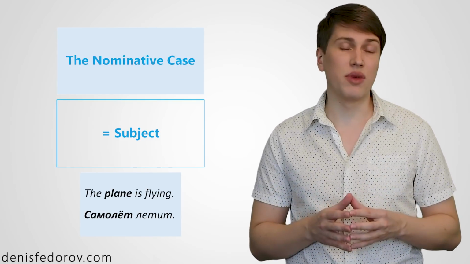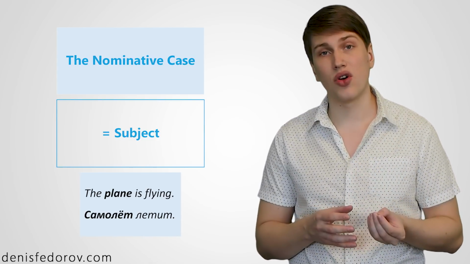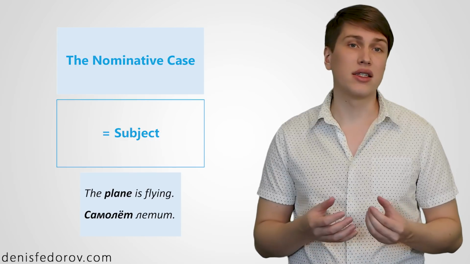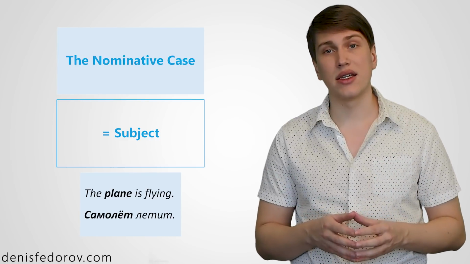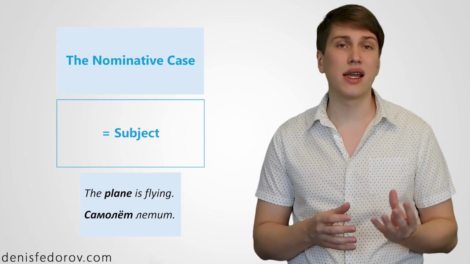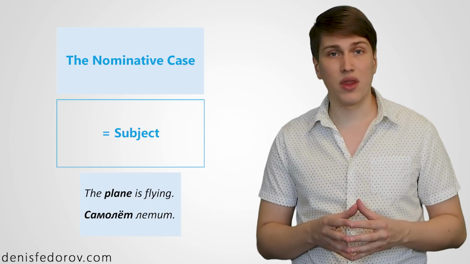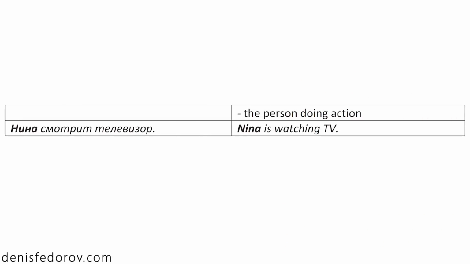What does this information give us? Just some vague understanding of its basic role, but examples give us the main practical understanding. That's why they are the most important in understanding cases. Here is an example of the nominative case. The person doing action. Nina смотрит телевизор.